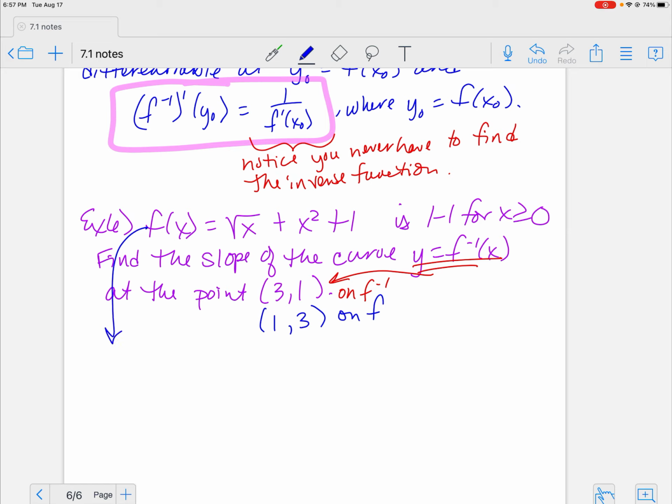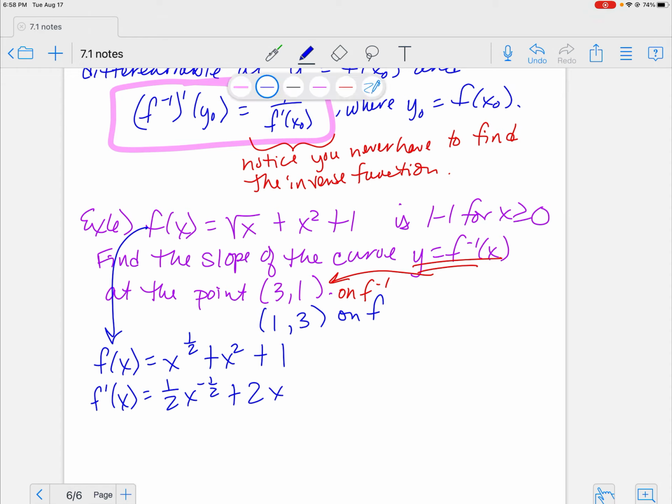So I'm going to take this guy right here, and I'm going to find its derivative. I'm going to change this to x to the 1/2 just because that's easier to find a derivative of. So there's my function. The derivative of my function will be 1/2 x to the negative 1/2 plus 2x.